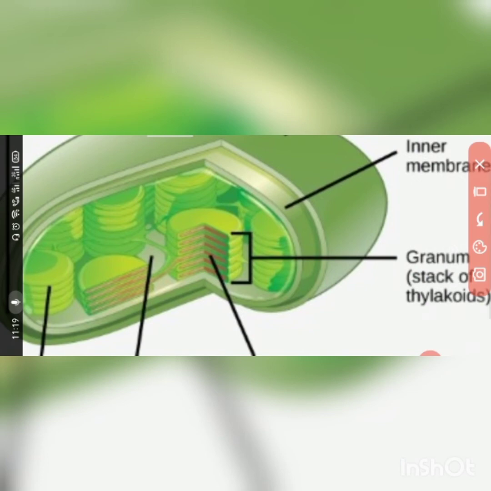These sac-like structures are called the thylakoids. And these thylakoids are found embedded in a jelly-like material that is called the stroma.